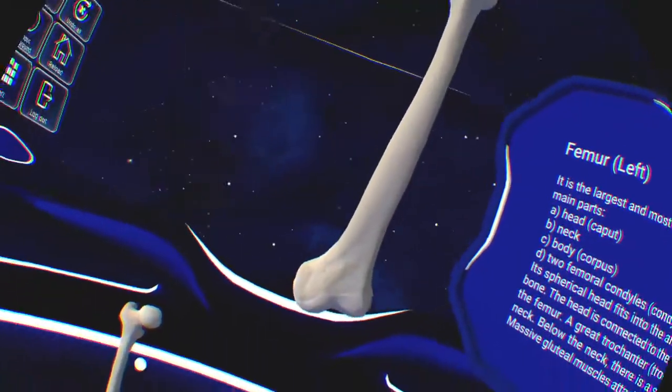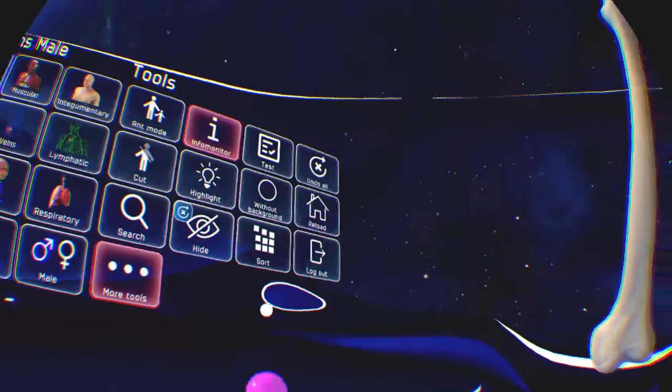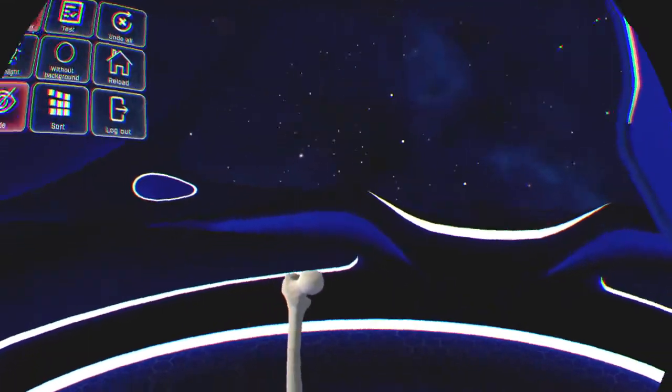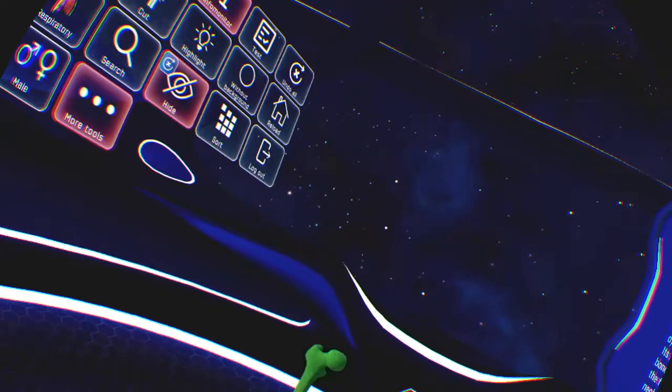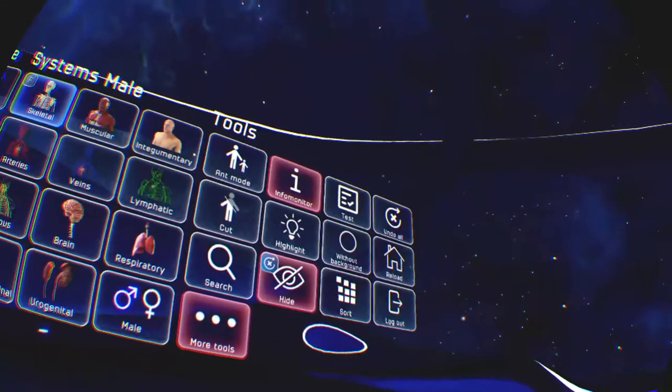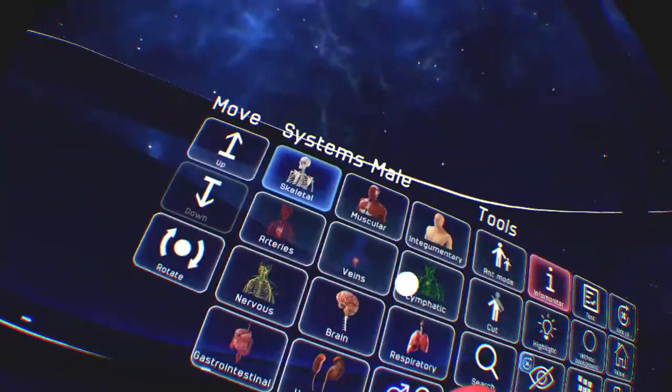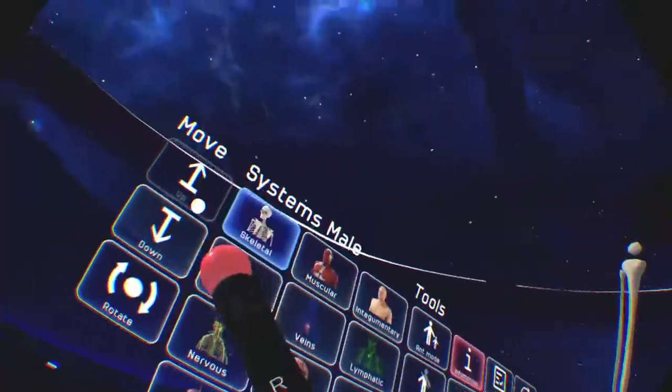Right? You guys have the femur? Done? Okay. Femur, bye-bye. We're wrapping through this introduction of the skeletal system so we can get to other systems. All right. Let's move this up some.